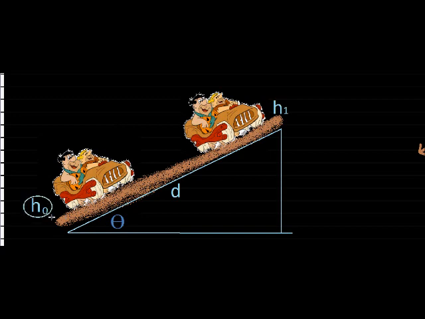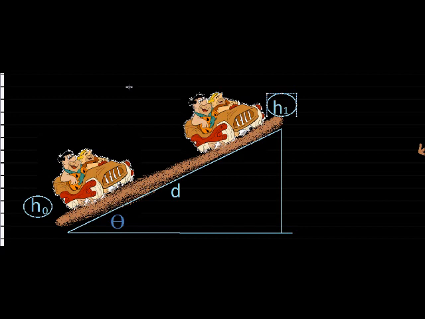Here we have H0, which represents the height that they start at, and H1, which represents the height that they finish at, which means that the difference between those two heights represents the change in height, or how much they've traveled vertically upwards.